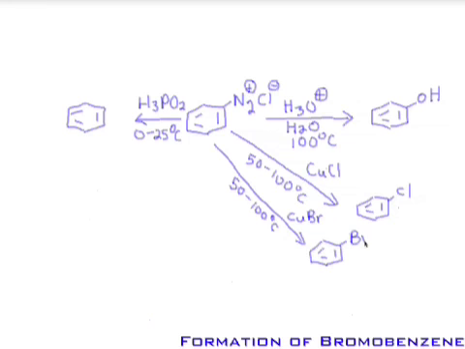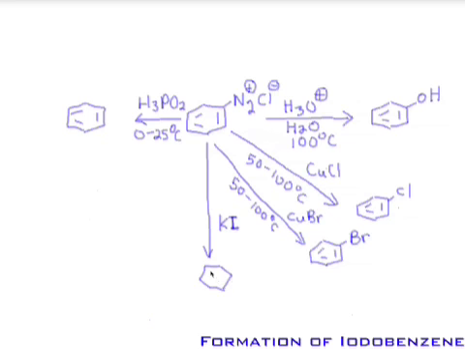Let's draw that. Okay. And if you hit this molecule with potassium iodide, KI, you can make iodobenzene. Copper cyanide, let's go a little further.